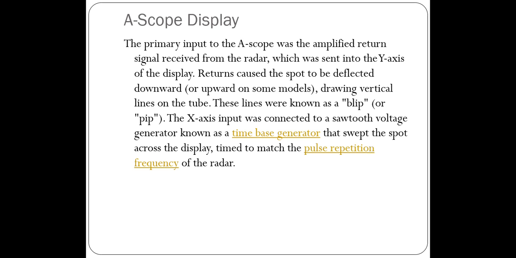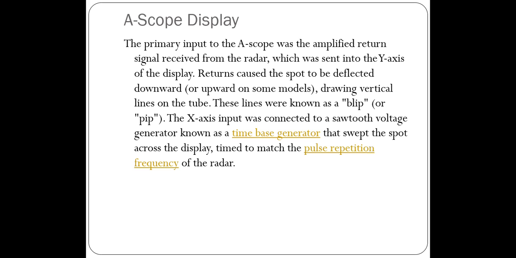The demodulated echo signal from the receiver is applied to the vertical deflection plates so as to cause vertical deflections from the horizontal line. In absence of any echo signal, the display is simply the horizontal line. A scope displays range versus amplitude of the received echo signal.